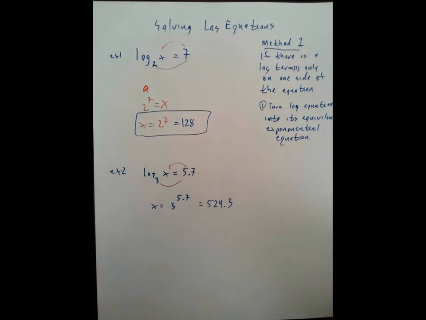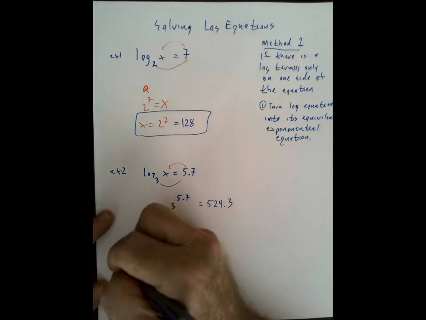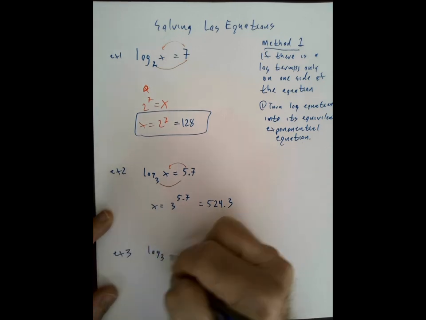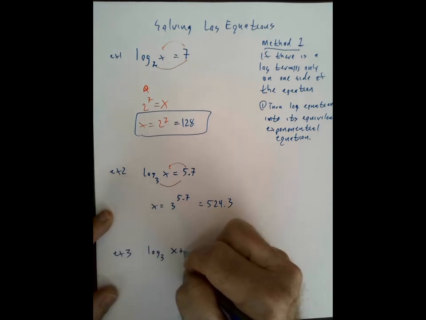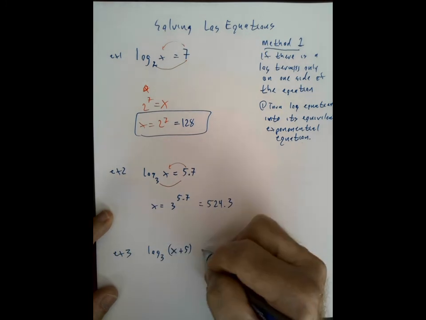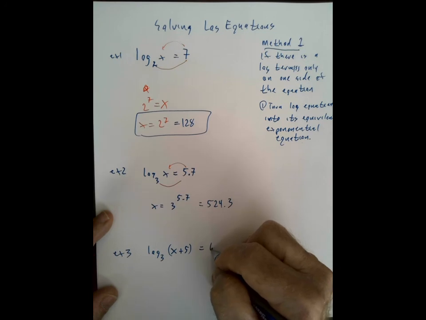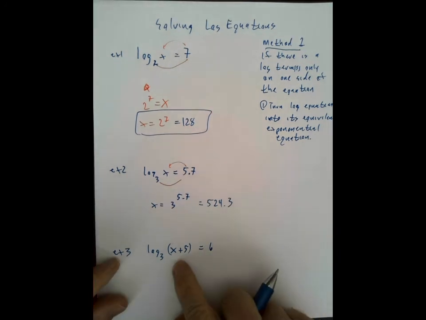So we could have something with more steps on the inside. So example 3, so how about log base 3 of x plus 5 is equal to 6, right? Now, notice this x plus 5 is on the inside of the logarithm.